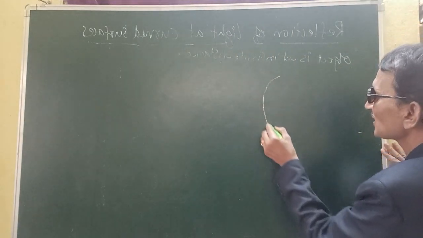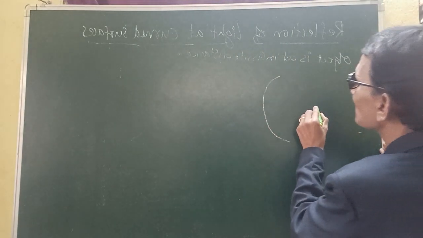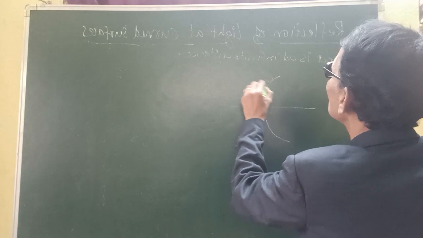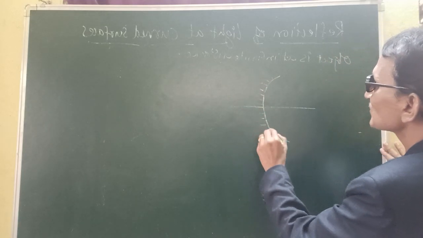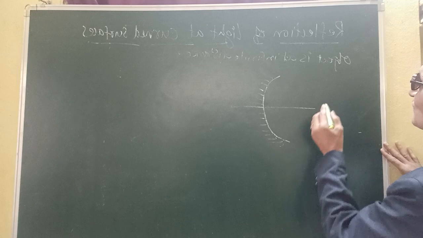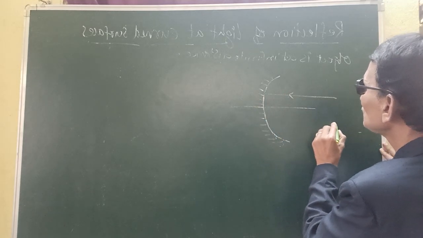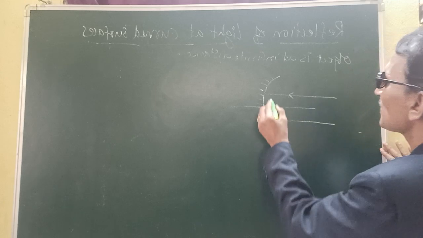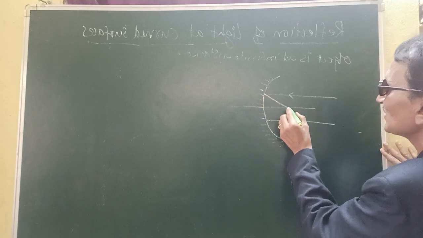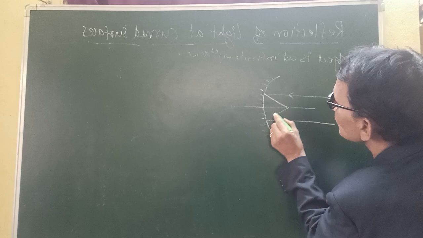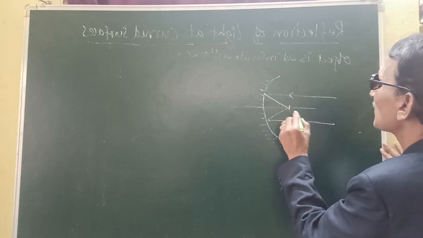Let us see that it is a curved mirror. This is the principal axis, and the rough surface is outwards, the reflecting surface is inwards. The rays come parallelly and fall onto the mirror. Parallel rays always pass through focus. This is the focus point.